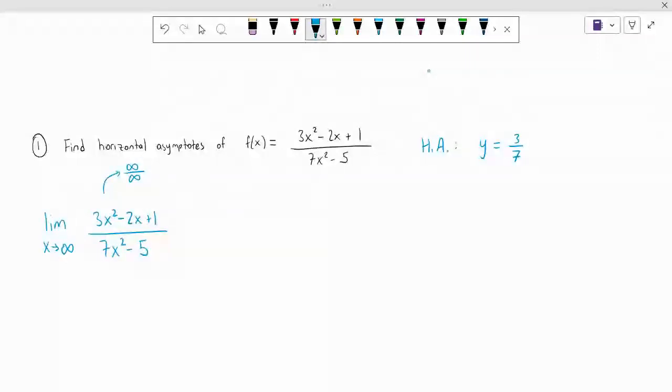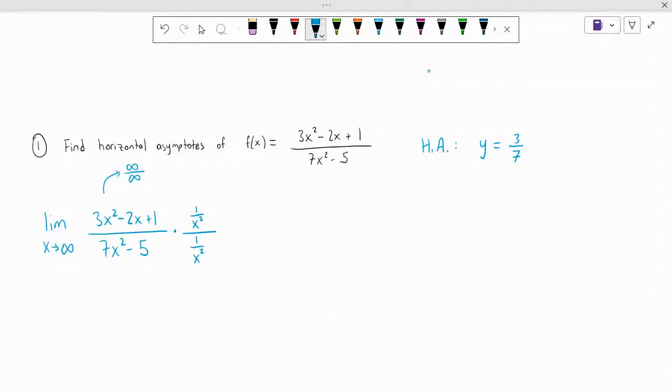The one that I like the most in dealing with these types of problems is to find the highest power of x in the denominator. So I'll focus on the denominator for this. In this case, the highest power in the denominator was x squared. So what we're going to do is multiply both the numerator and the denominator by 1/x squared, okay?